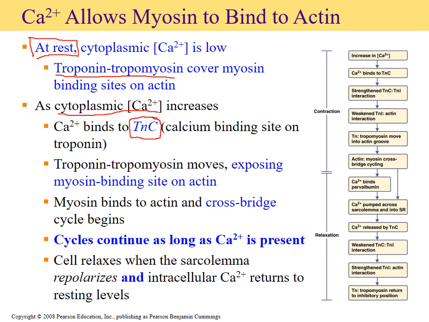One of them is that it's going to go over to the TNI section, which is another receptor part on the troponin. And that is going to loosen up the interaction it's having with the actin.